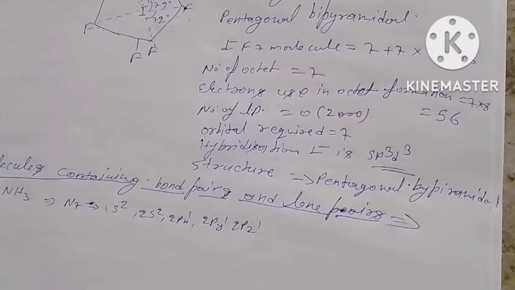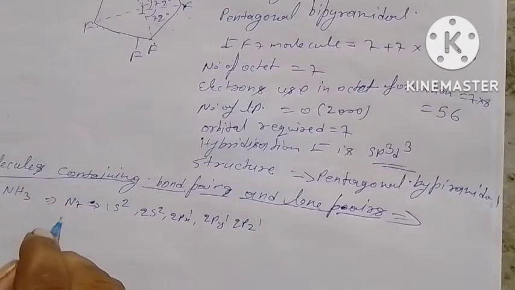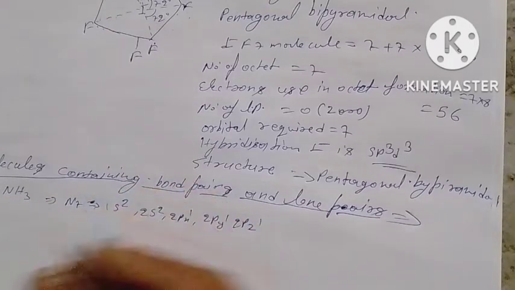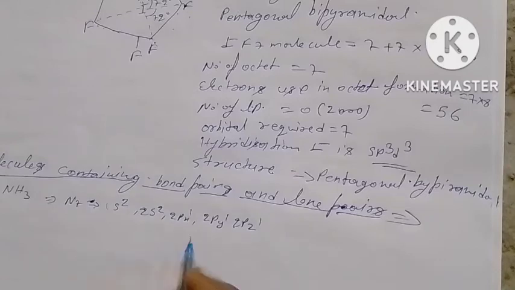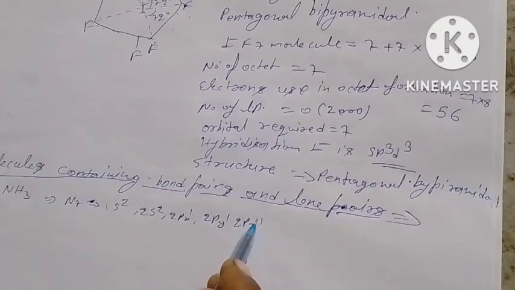The nitrogen atom has 3 unpaired electrons for bond formation in the ground state.